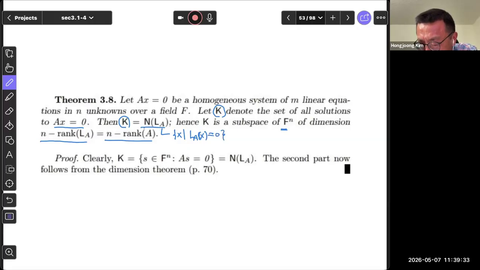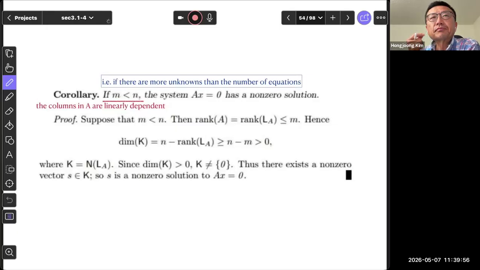But what is the image under L sub A? That is A times X. So we are looking at the set K. So Theorem 3.8 is a very trivial fact.